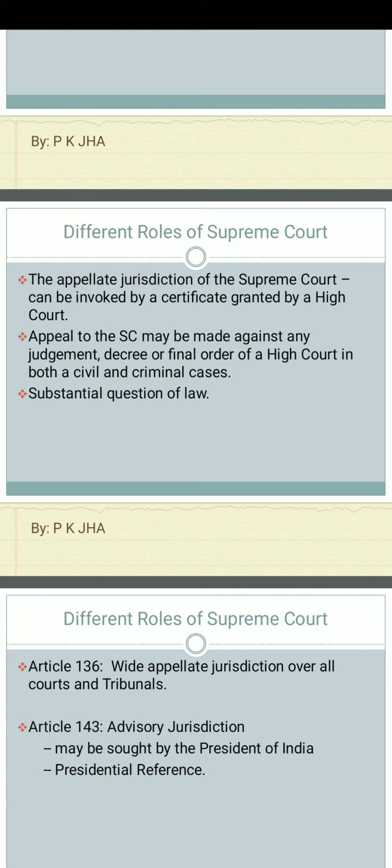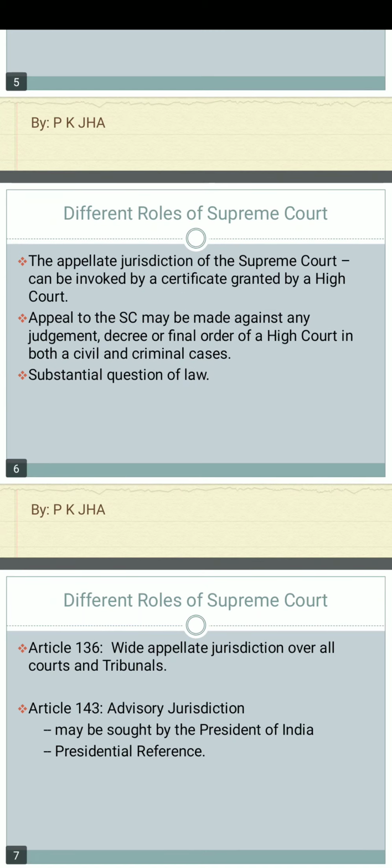Be very clear. It is not only criminal cases that will go to the Supreme Court, or only civil cases; it is both. Recently, children, we have seen the hanging of all the culprits in the Nirbhaya case.